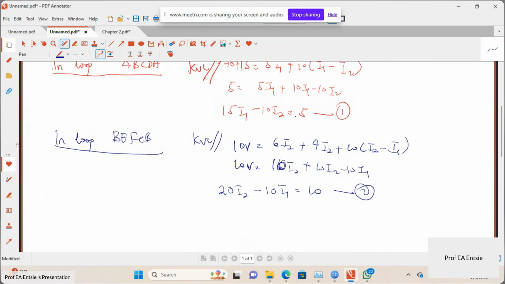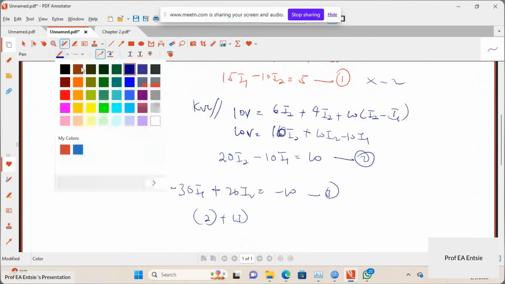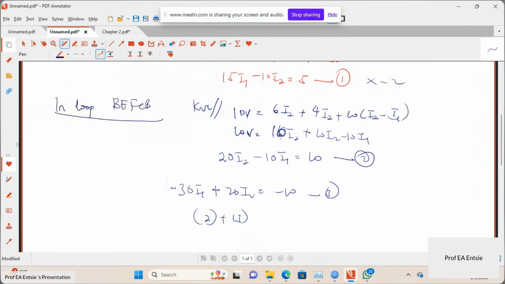Equation 2. If you want to find this, you can multiply equation 1 with negative 2. You get negative 30I1 plus 20I2 equals minus 10. We call it equation 3. Then you add equation 2 and 3. On a normal note, from equations 1 and 2, you should be able to continue from there because the rest is mathematics.